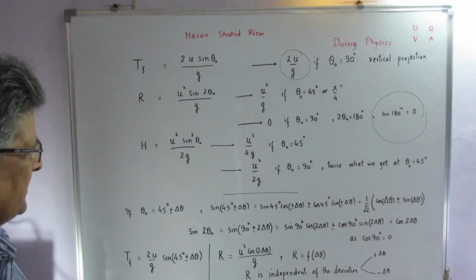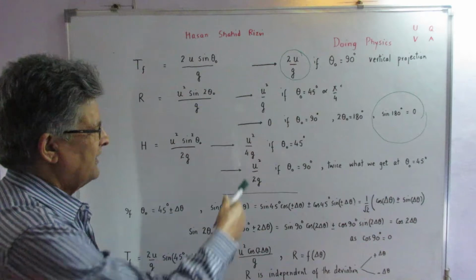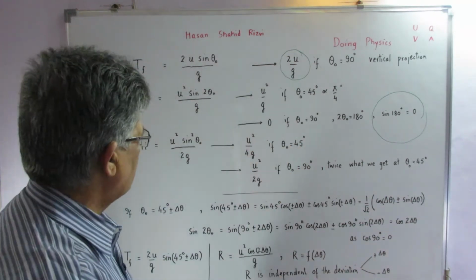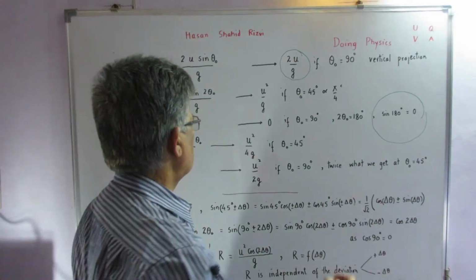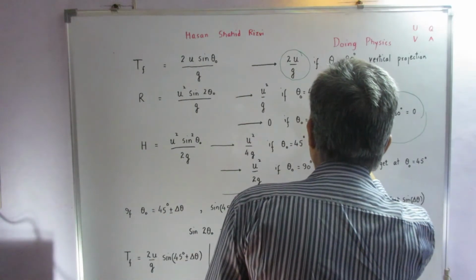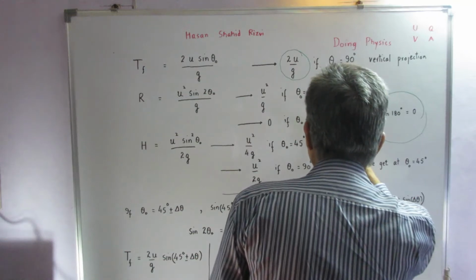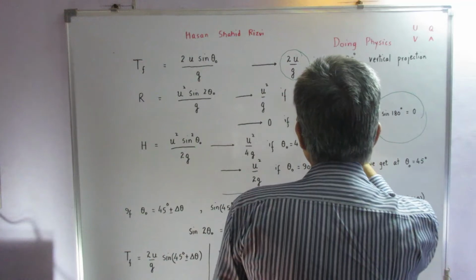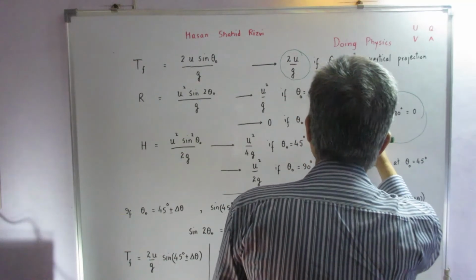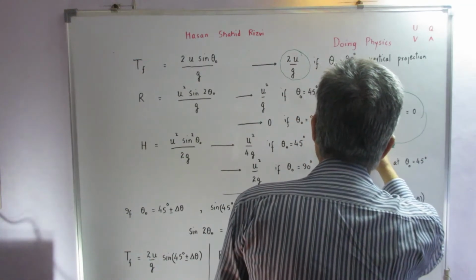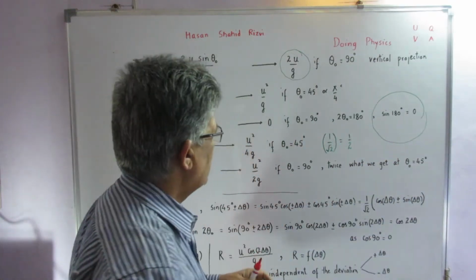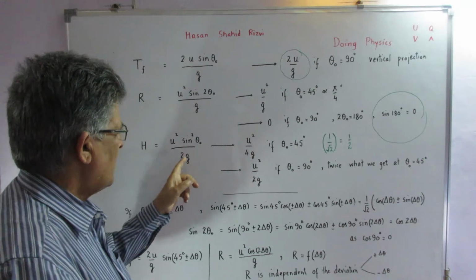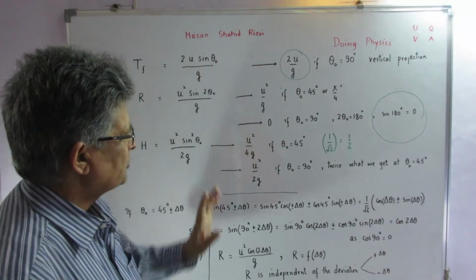So you can see that if theta 0 becomes equal to 45 degrees, then the sine of 45 degrees is equal to 1 upon root 2, and when I square this it turns out to be equal to half, and this half multiplied by the earlier value that we have, I will get half multiplied by u square upon 2g. This becomes equal to u square upon 4g.